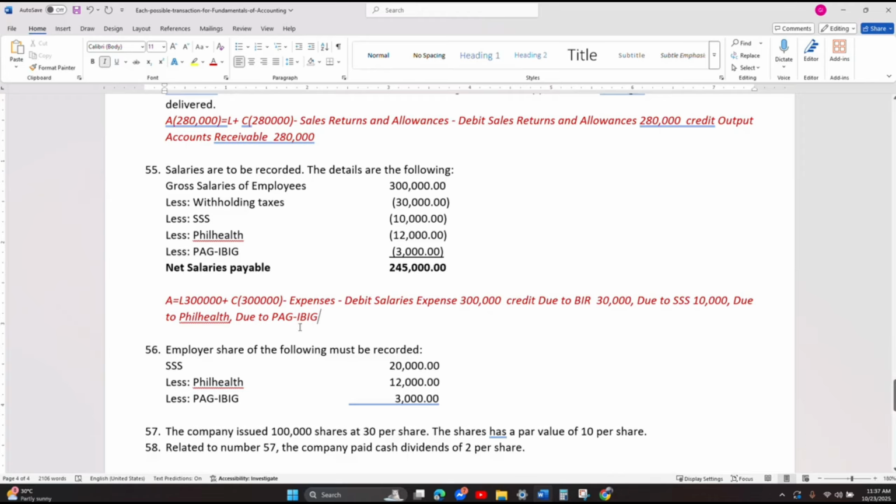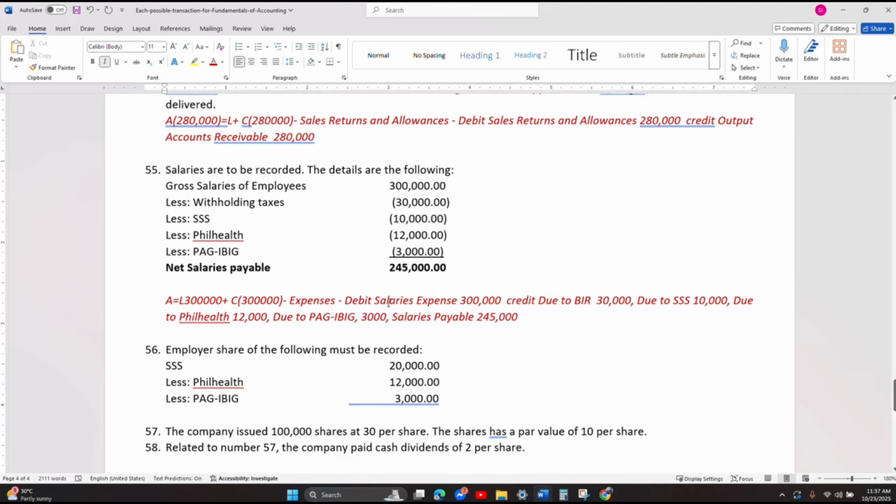so how much is the due to PhilHealth? It's 12,000, and we have due to Pag-ibig 3,000, and finally we have salaries payable to the employees at 245,000.